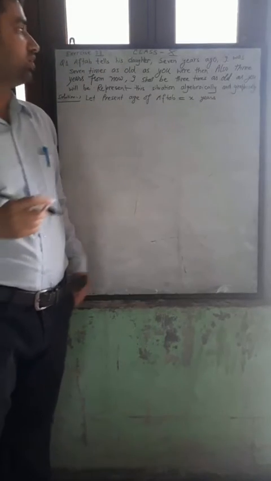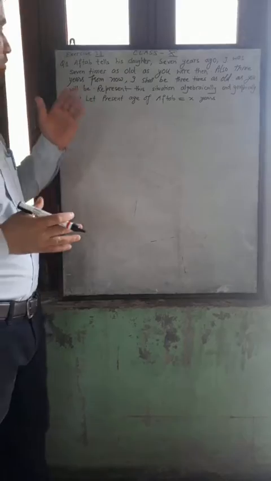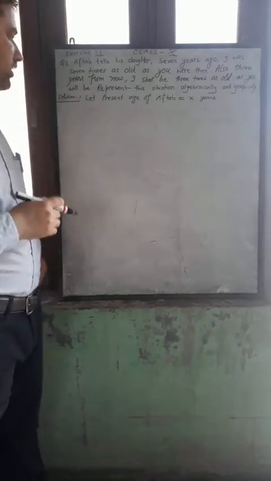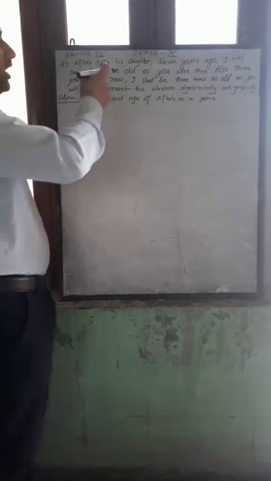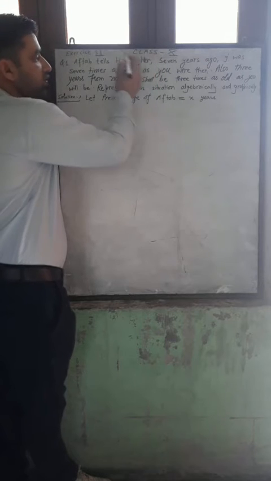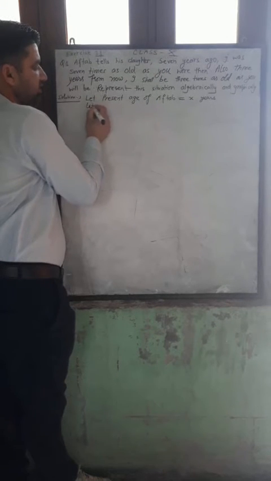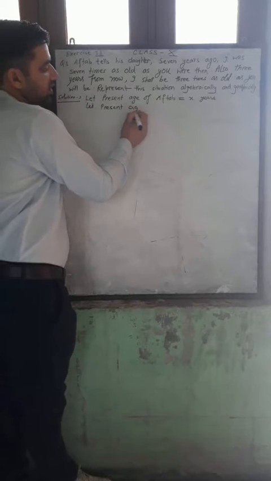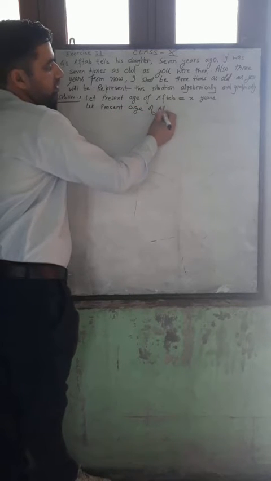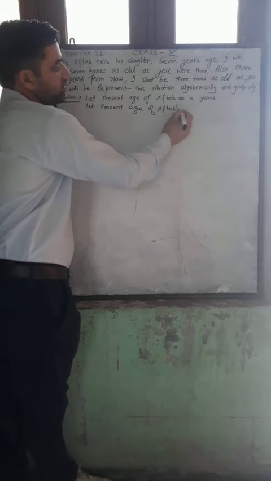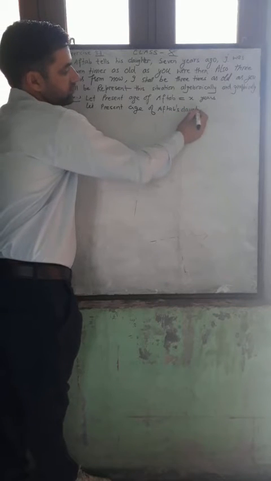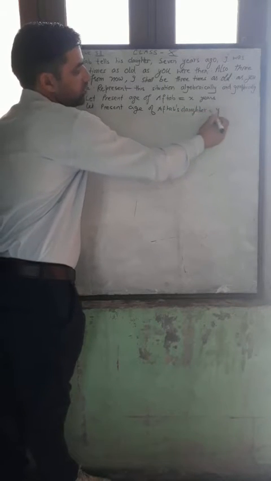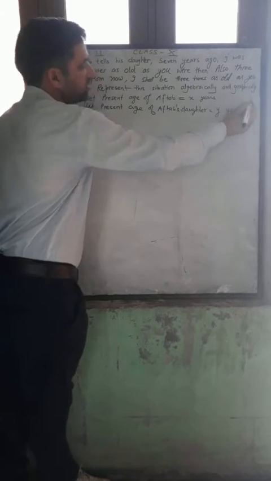Now because our chapter is linear equations in 2 variables, we take the age of Aftab's daughter. Let the present age of Aftab's daughter be y years.